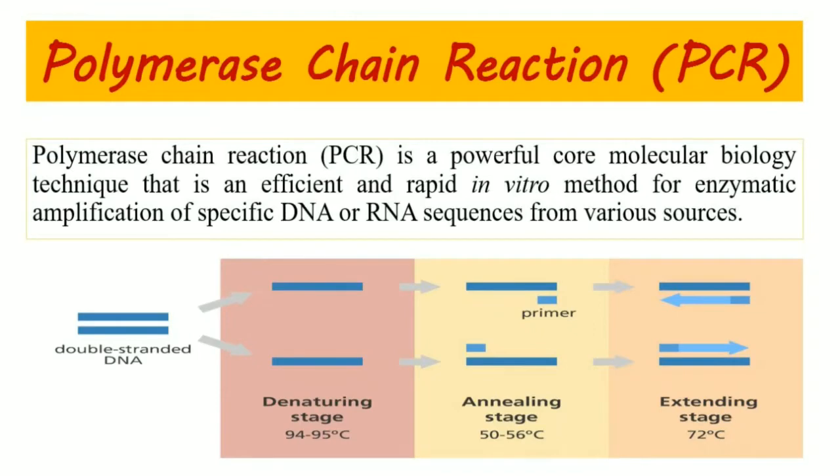Okay, so these are the stages that are involved in a single cycle of PCR. These stages are repeated. The next cycle starts in which the double-stranded DNA strands that are created in the extending stage enter the next cycle, and all of these stages are then repeated.